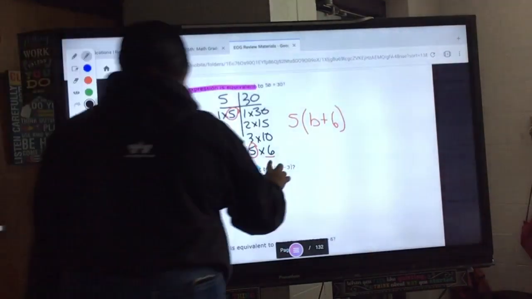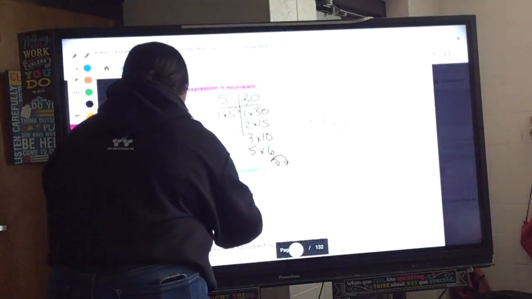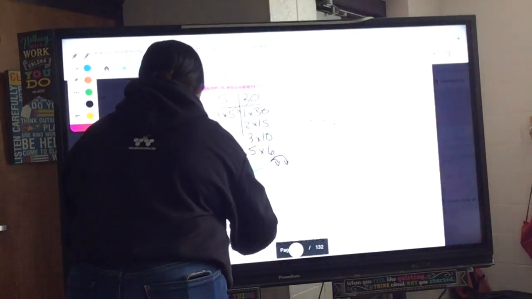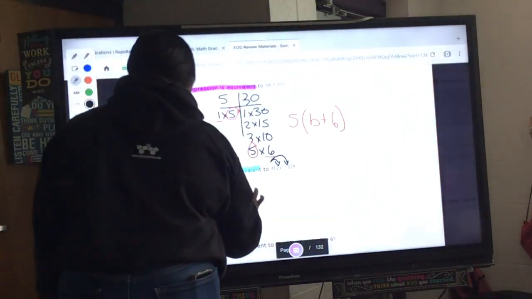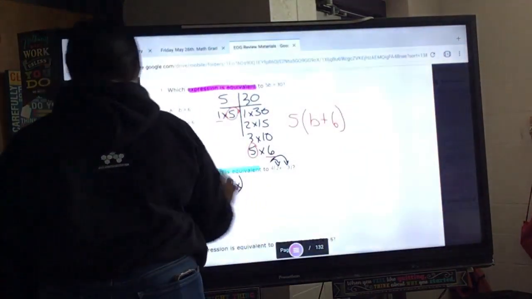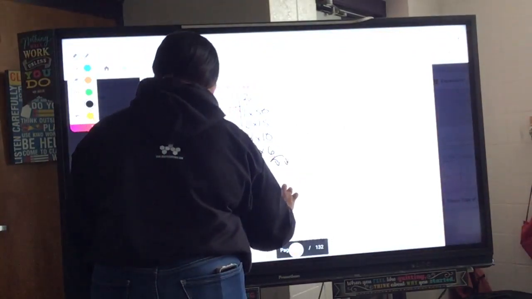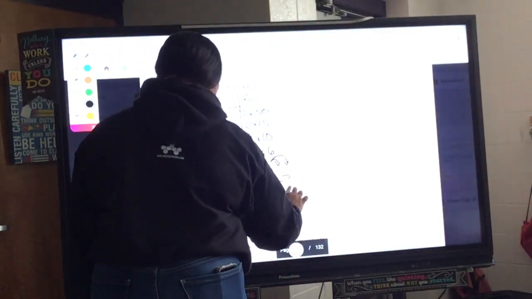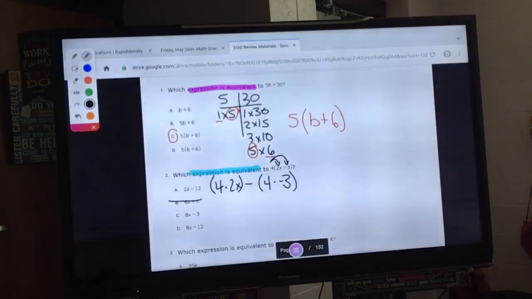So you're going to distribute that 4 in, and you're going to multiply 4 times 2x, which gives you what? And then you're going to distribute that in. You're going to do 4 times negative 3, which y'all are probably going to explode your brains because there's a negative number. Holy moly.